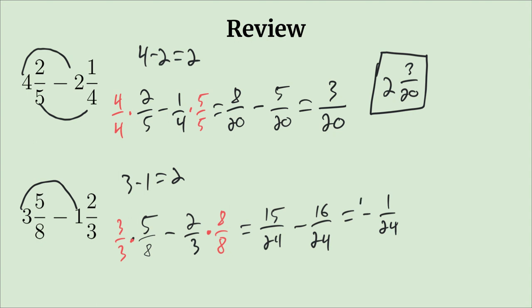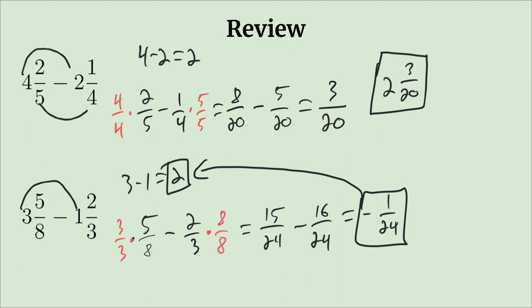So when we put this with the 2 here, that means we got to take a 1/24 away, which leaves us with 1 and 23/24.